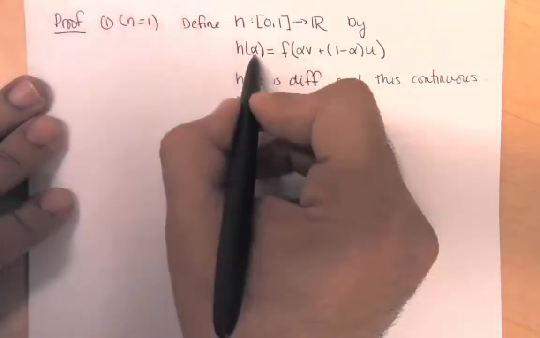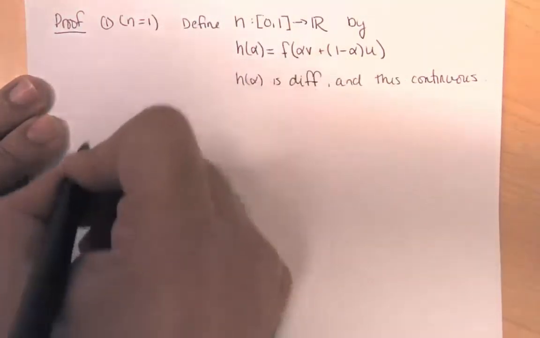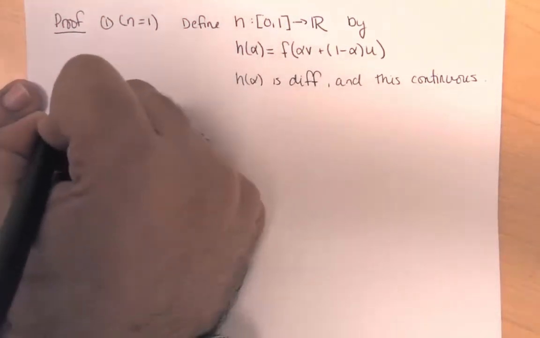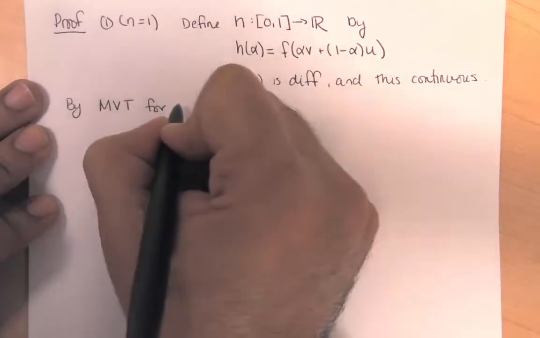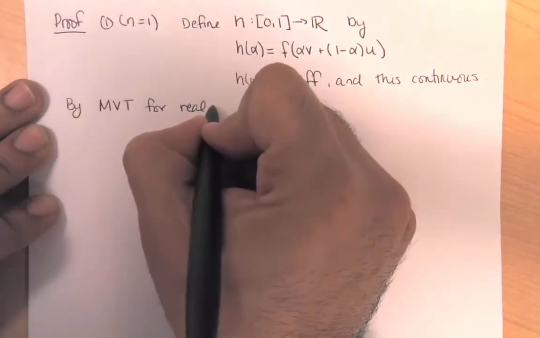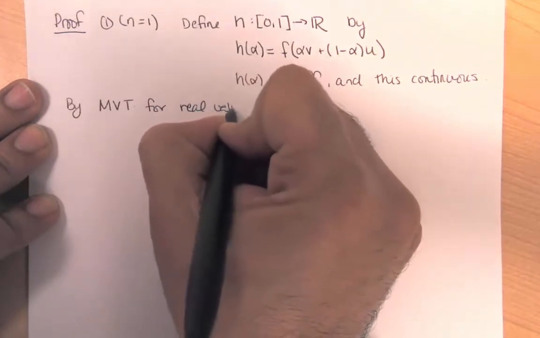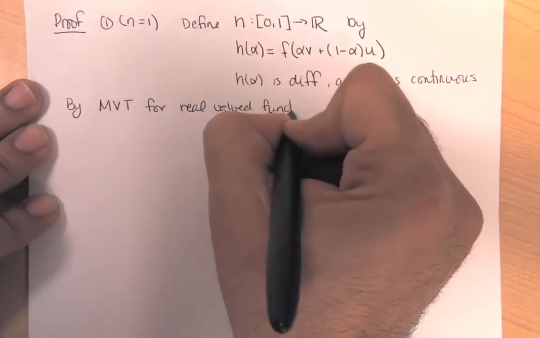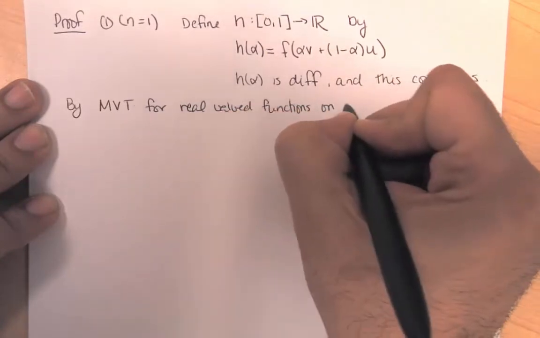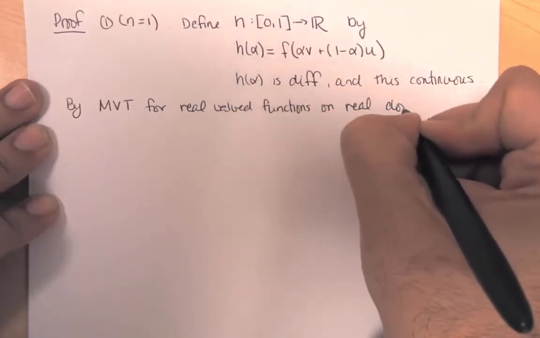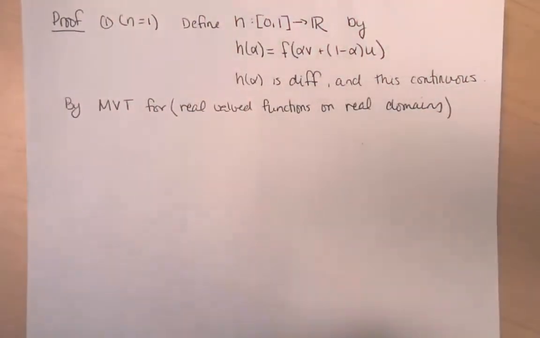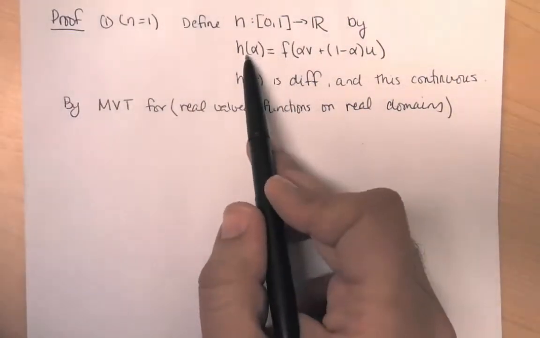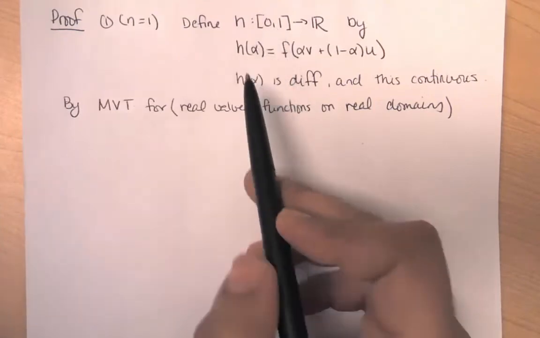Now, this is a mapping from a number to a number. So we can actually apply the mean value theorem for real valued functions on real domains. In other words, the real analysis 1 mean value theorem, right? We've put ourselves firmly in the camp of real analysis 1.